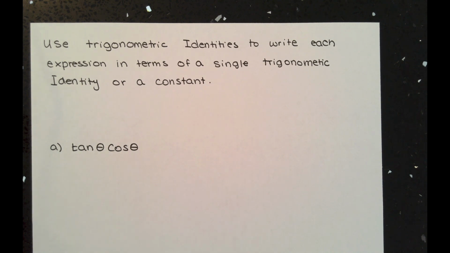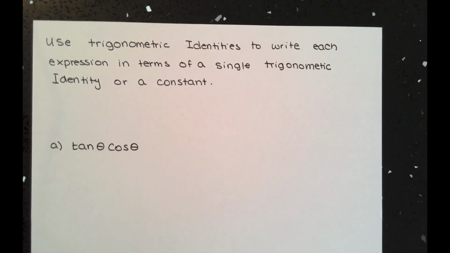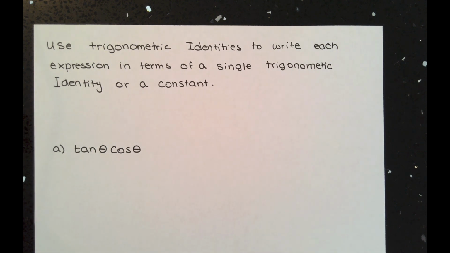Use trigonometric identities to write each expression in terms of a single trigonometric identity or a constant. So step number 1 on how to do these. First thing, step number 1 is always to look and rewrite things in terms of sine and cosine. Then you want to see if there's anything squared. If something is squared, we're thinking identity, Pythagorean identity to be exact.